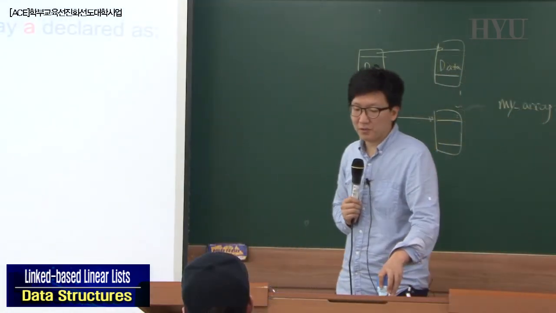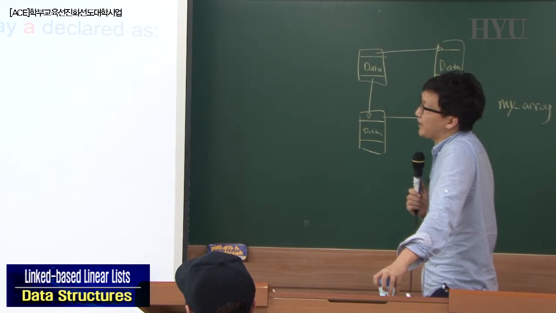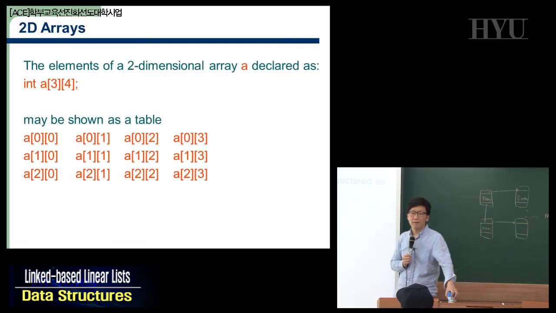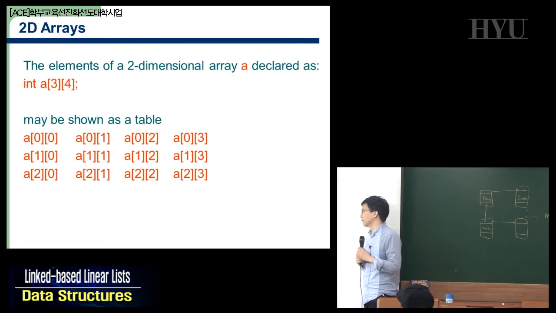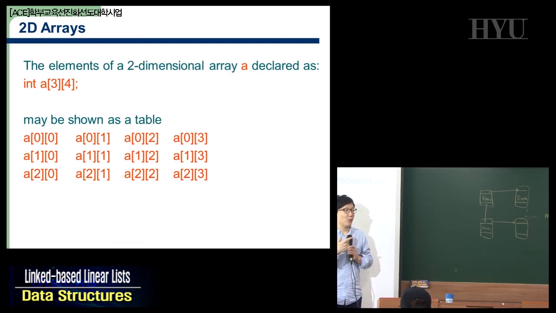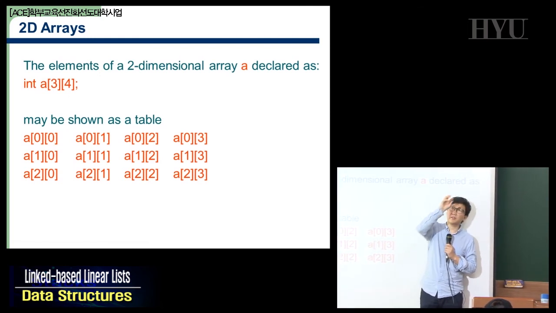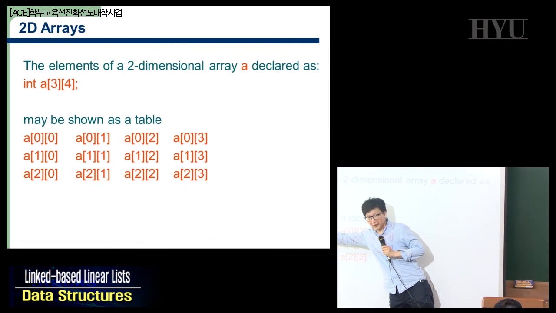What about 2-dimensional arrays? 2D arrays, the elements of a 2-dimensional array A declared as integer A 3x4. We all know how they look like, right? 3 rows and 4 columns. And each one has its own index. So if I wanted to take a look at the first element, the leftmost top, index is 0, 0.